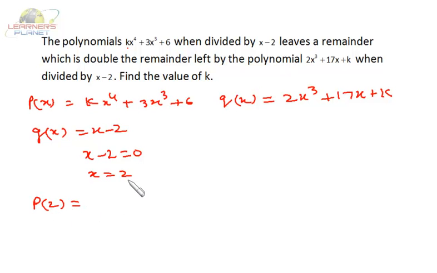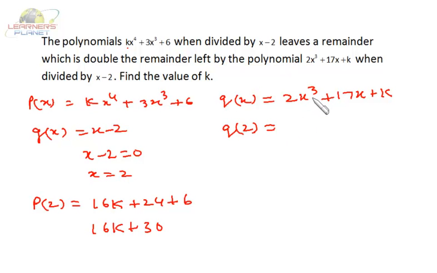Now put the value of x as 2 in this expression. So 2 raised to 4 is 16. So it is 16k plus 2 cube is 8, 8 into 3 is 24, plus 6. So it is 16k + 30. Now in this case we have to find out the remainder when q(x) is divided by g(x). And what will be the remainder? It will be q(2). So let's calculate q(2).